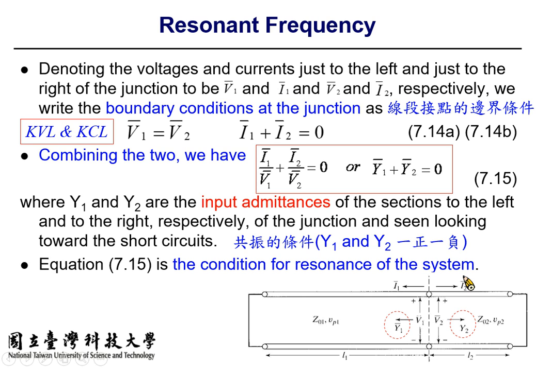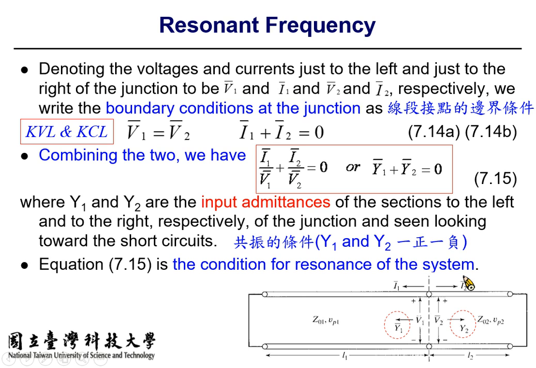For the figure on the bottom right, the boundary condition that you need to satisfy is, at the interface between the two lines, the voltages must be equal and the total currents must equal 0. You can think of it as the result of KVL and KCL principles.